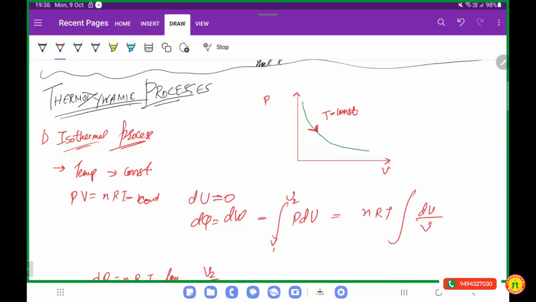In the equation dQ equals dU plus dW, if dU is 0, that means heat is directly work done. So internal energy change is 0 of the system because temperature is constant.